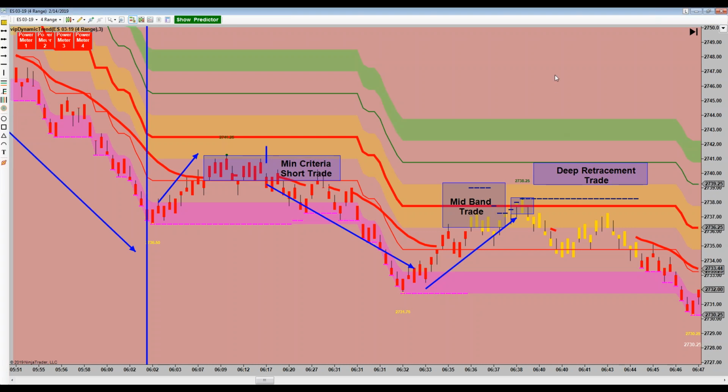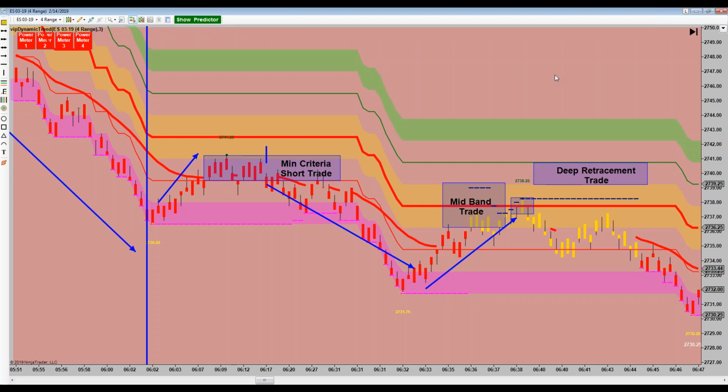Yes or no? Let me phrase it in a different way. Do you have to take all of these trade setups whenever they appear on a chart? No, you don't have to take all of them.